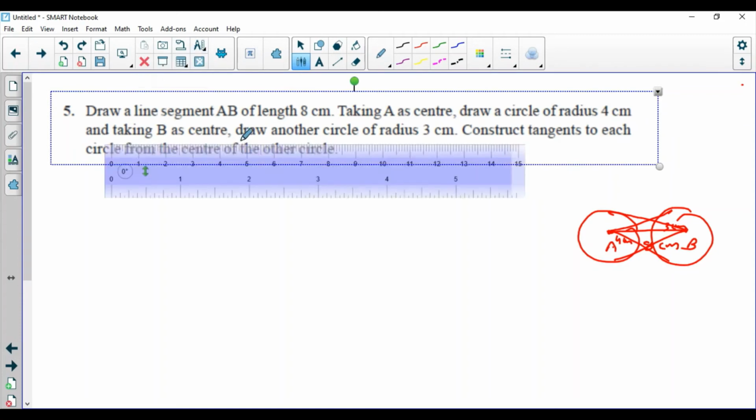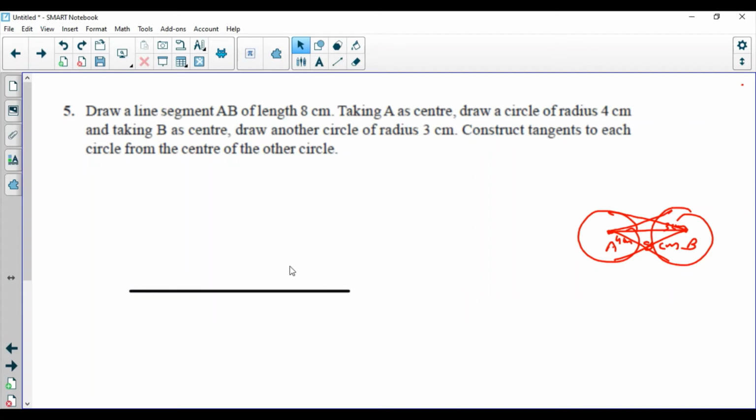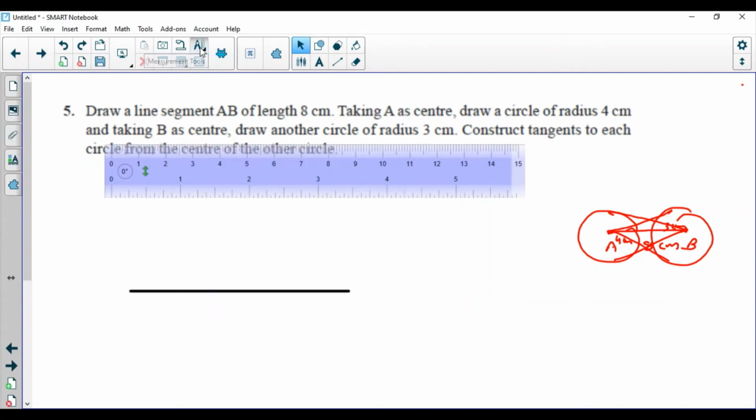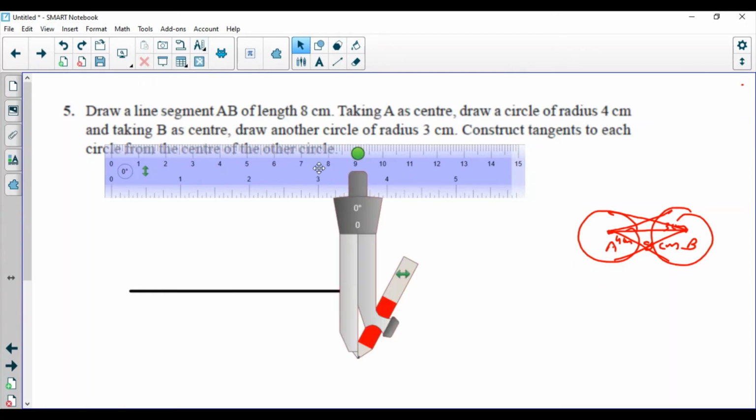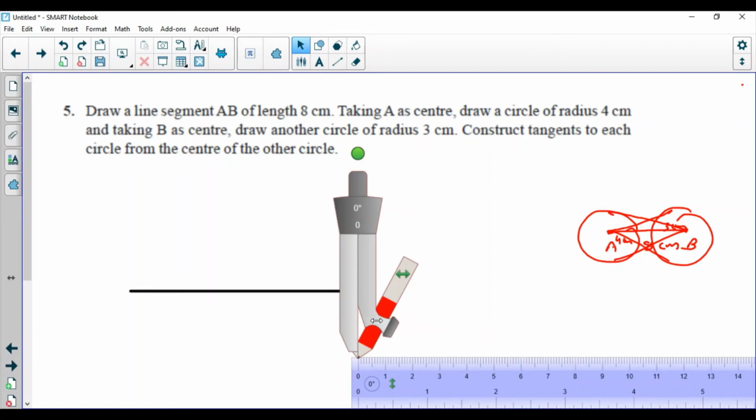Accordingly we'll follow the steps now. First step is AB of length 8 centimeters. This is our AB. Now we have to take a 4 centimeter radius to draw the circle.